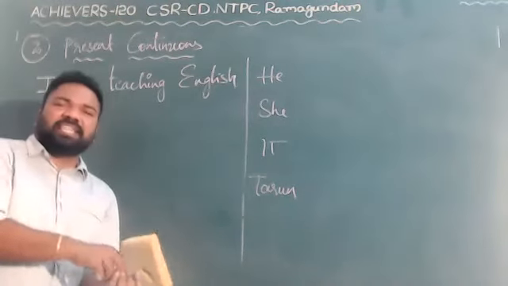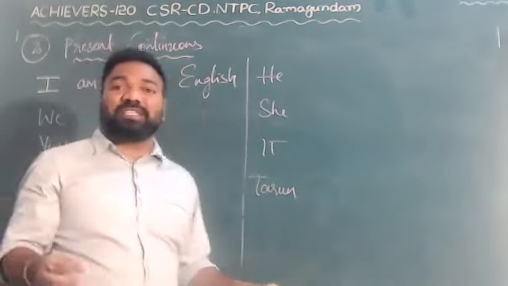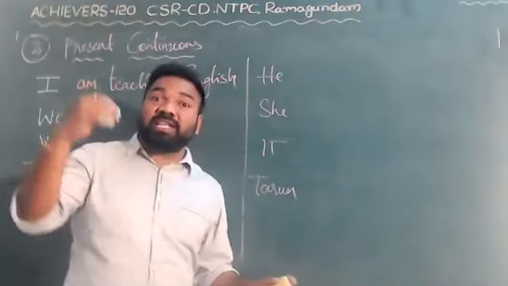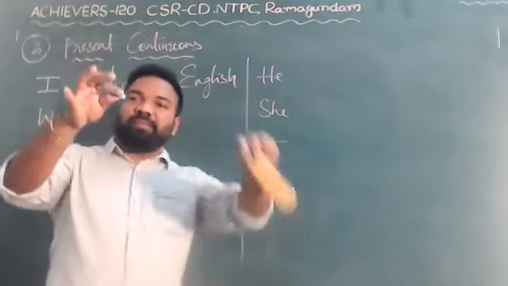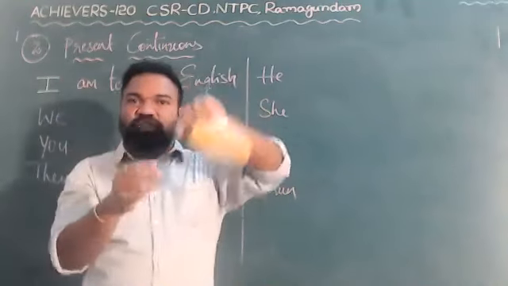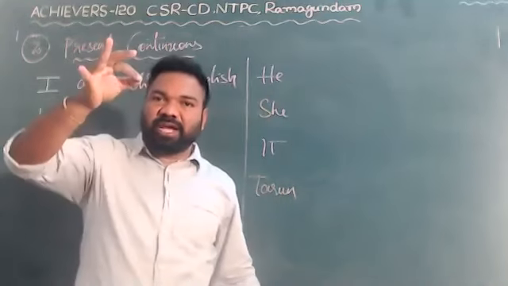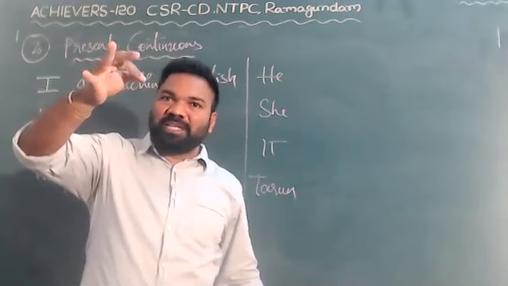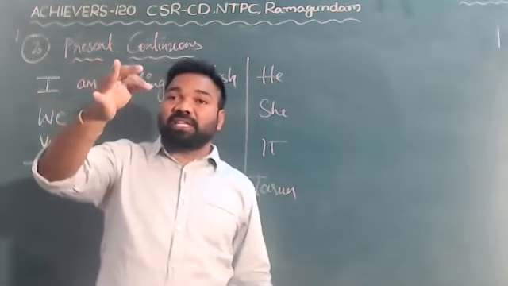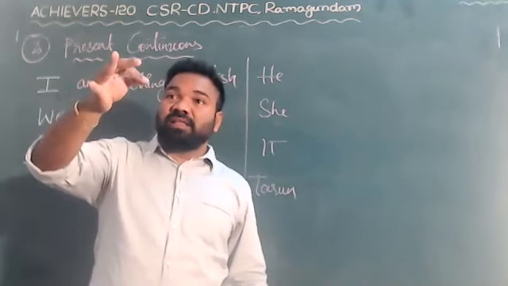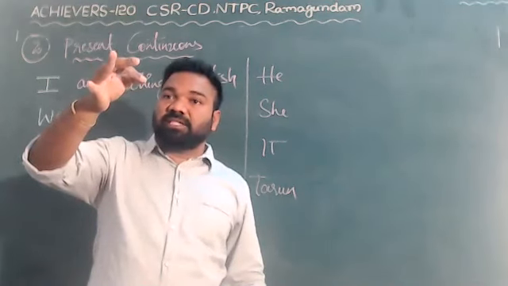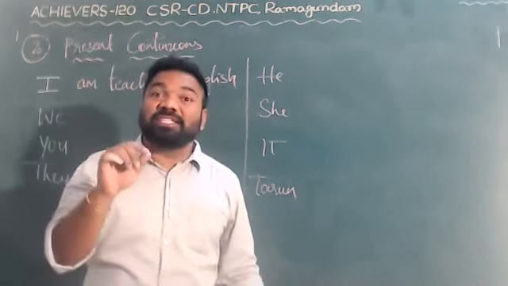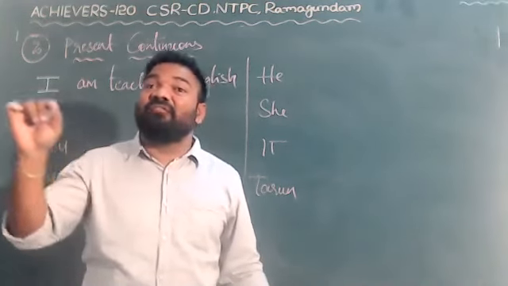One more fine example I want to give my students, as you have to be very specific about this tense. Look, this is a chalk piece in my hand. I'm going to drop this chalk piece. When I say this, the chalk piece is falling. The chalk piece is falling.